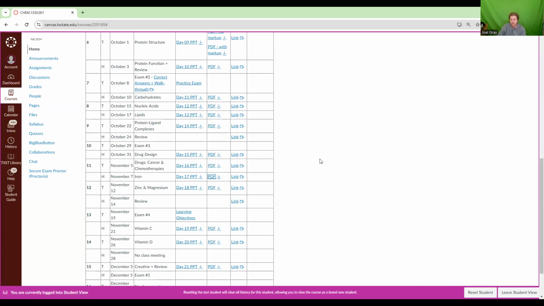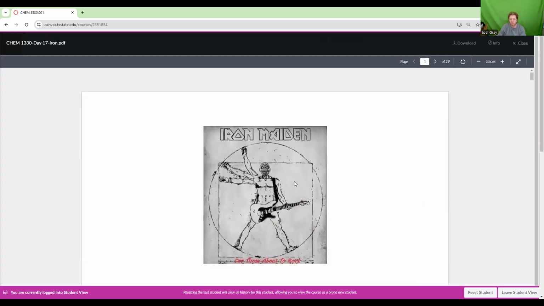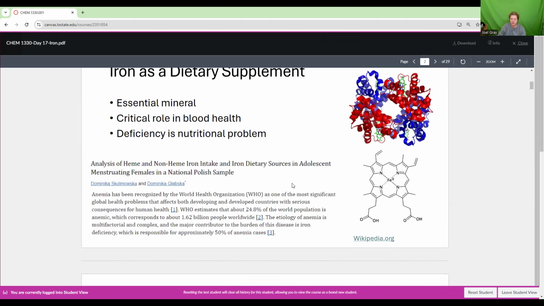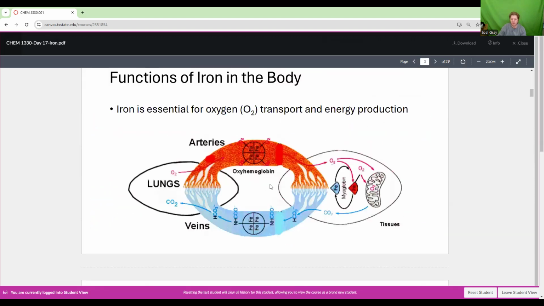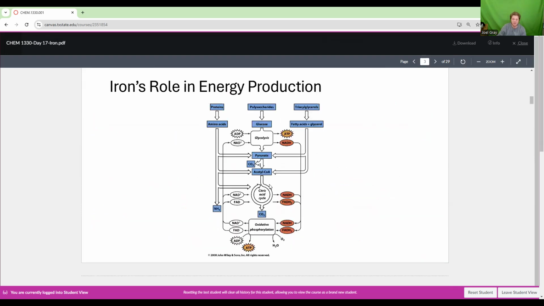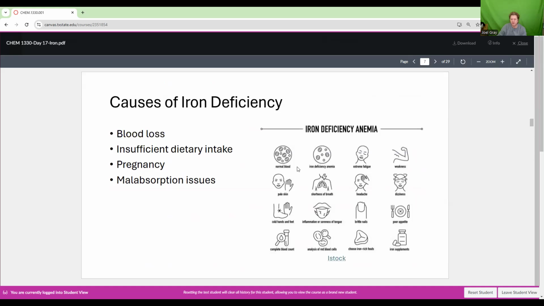Then we talked about iron as a dietary supplement and what it's good for. Iron's used in tons of different biochemical reactions within your body. Very importantly, it's essential for the transport of oxygen throughout your body. It's also involved in numerous metabolic processes. If you're experiencing iron deficiency, you might experience fatigue, weakness, or poor circulation.